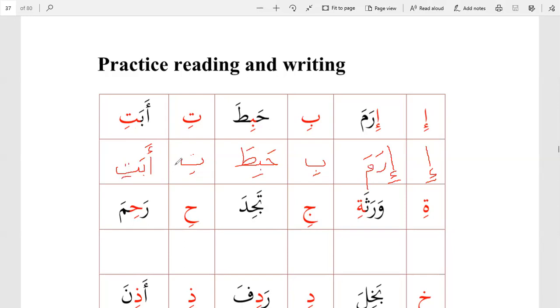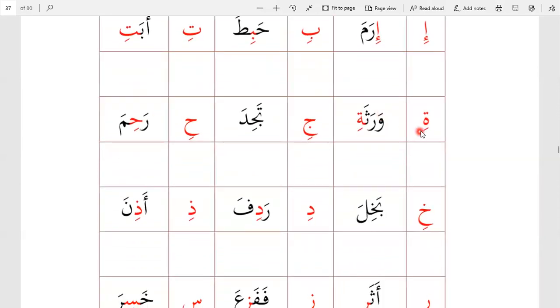Okay, so the rest, like I said, you're gonna do on your own, but I'm gonna read with you. So let's go on. With Fatha it's ta, but with Kasra it's ti. Wa, ri, thi, ti.